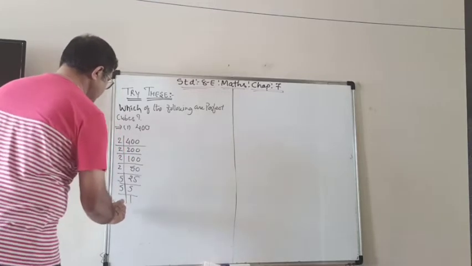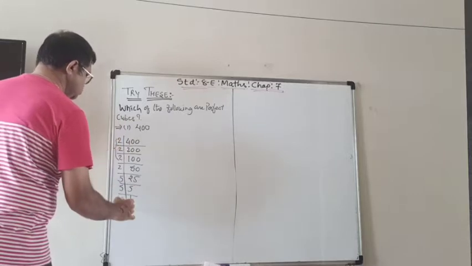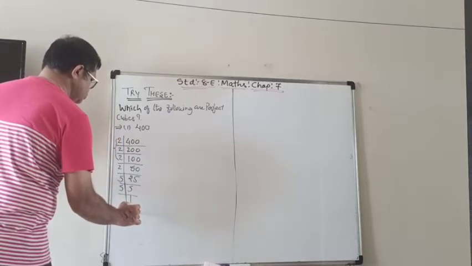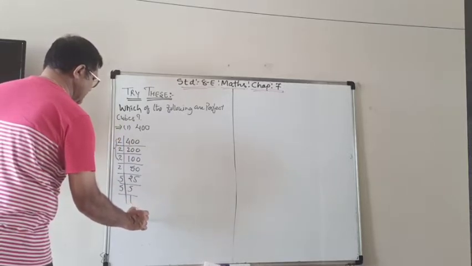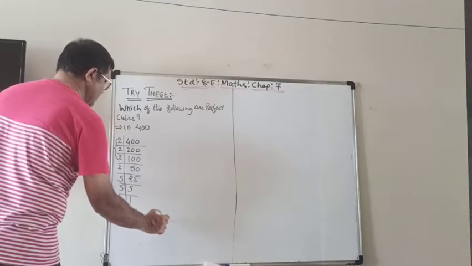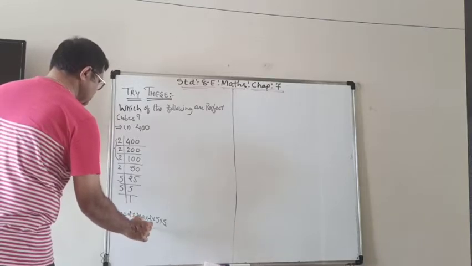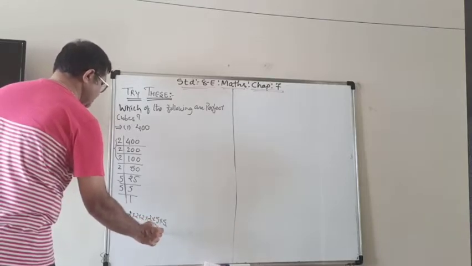So now 400 is 2 multiplied by 2 multiplied by 2 multiplied by 2 multiplied by 5 multiplied by 5, which is equal to 2 cube into 2 into 5 square.